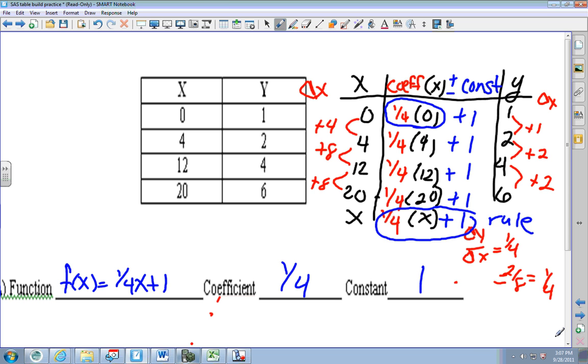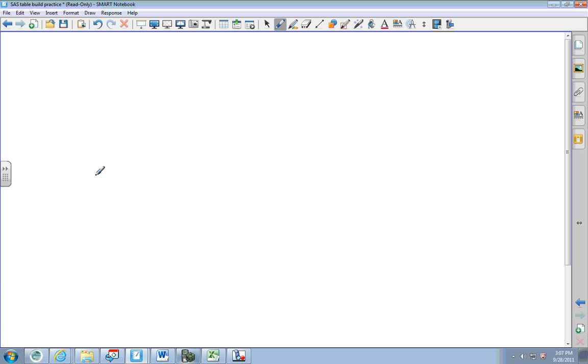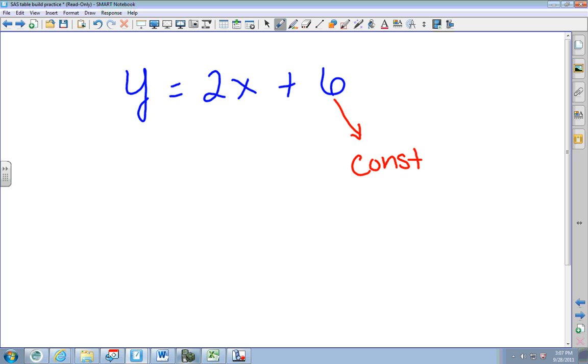Now, let's review real quick. First off, y equals 2x plus 6. This 6 is the constant. Another name for the constant is going to be the y-intercept. We will learn that down the road if we don't have it already.